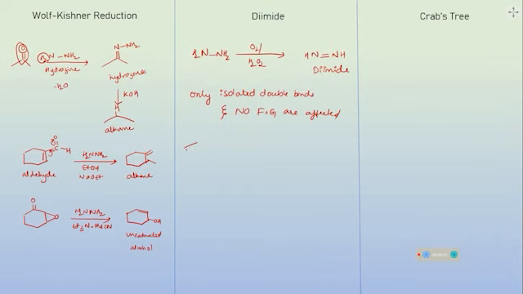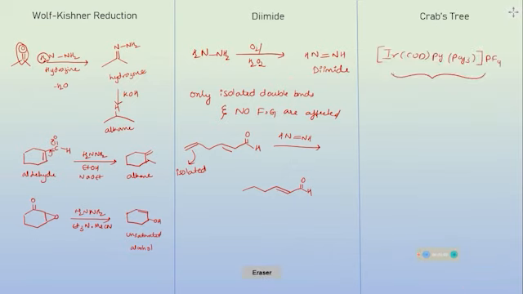Let us take an example. This is an aldehyde and this is an alpha beta unsaturated double bond. This is an isolated double bond because it is not involved in any conjugation. This on reaction with diimide produces this product, reducing the isolated double bond.